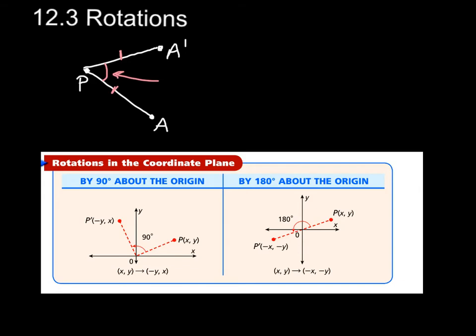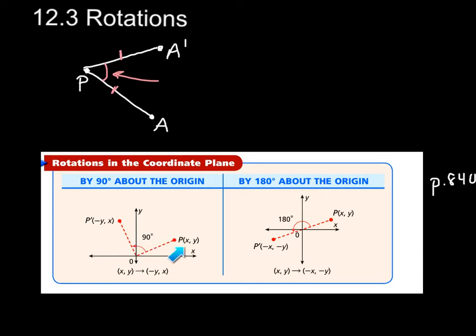Now, on page 840, this chart is in your book. Now, this is only multiples of 90. If you go by 90 about the origin, now notice here we have a point, x, y, that would be your pre-image. This is your image, so we're going counterclockwise.